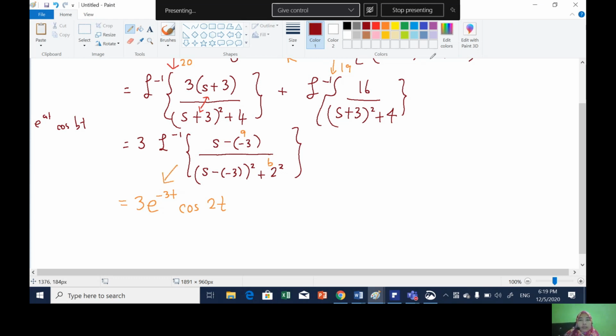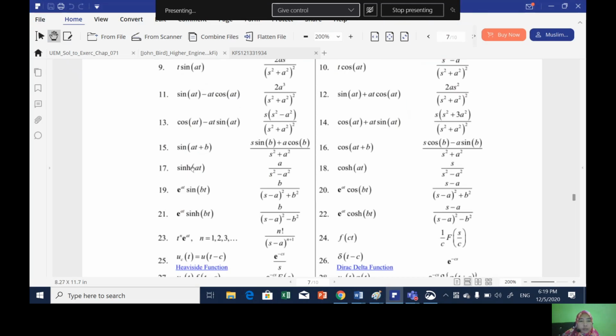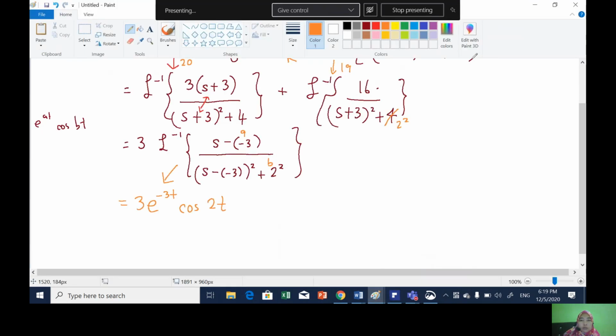Now, on the other side, we correct it down here because this 4 is 2 squared. Inside here 16, I can have 8 times 2. So when we refer to number 19, the numerator must have the same value of b as the denominator. Therefore, 16 is 8 times 2, so 8 will be factored out here.